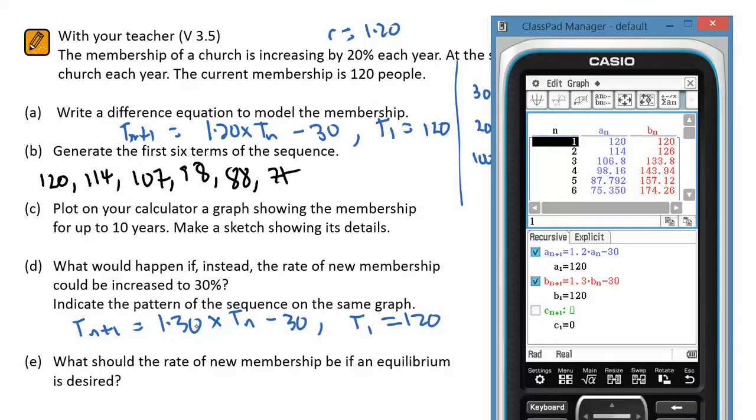Now, as we're increasing by 30% times the previous year, taking 30, we have a different scenario presenting. I've lined them up together. Notice, please make sure when you enter you put in the bn term and not the an term, 100 to 126 to 133.8, etc. Now we can write that down and we could also graph it.